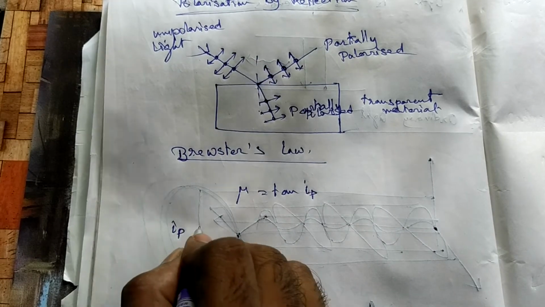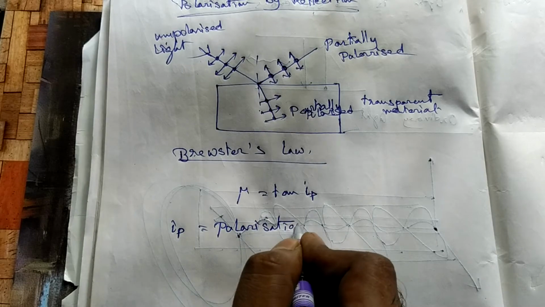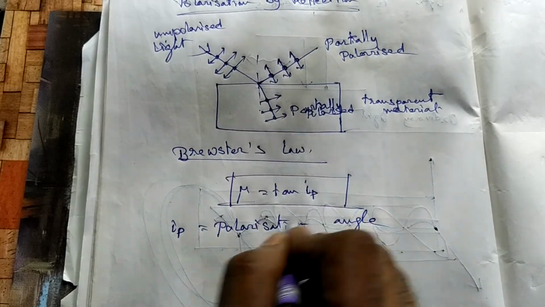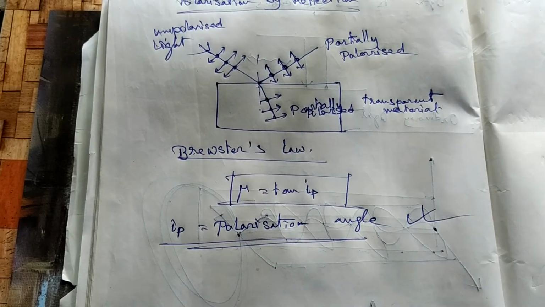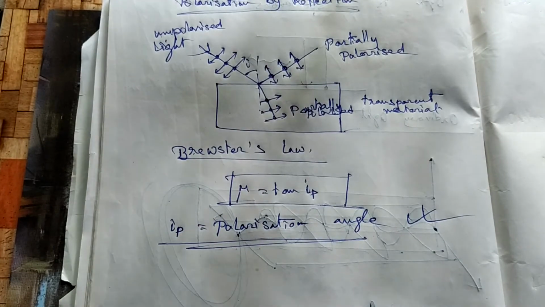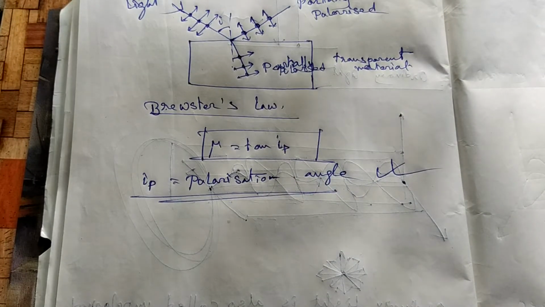IP denotes the polarization angle. What is the polarization angle? I incident a wave with a specific incident angle. Every material has a specific polarization angle.